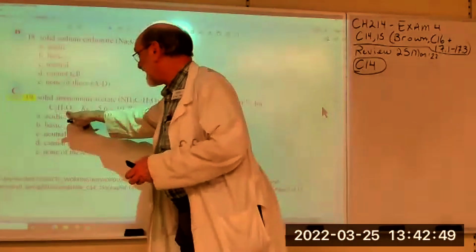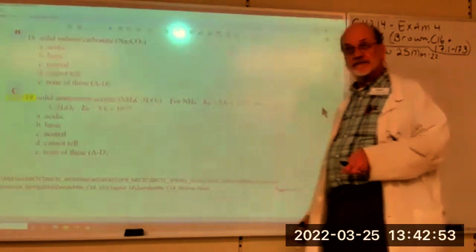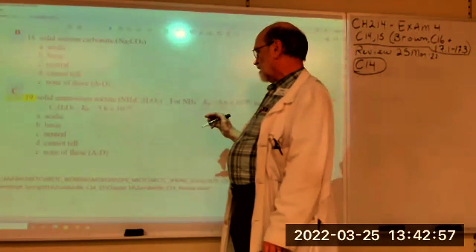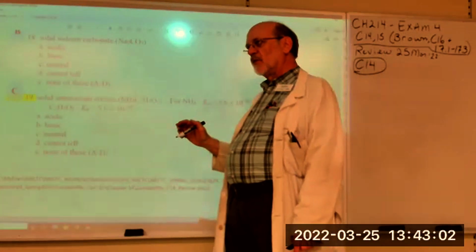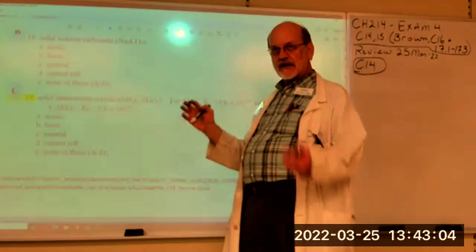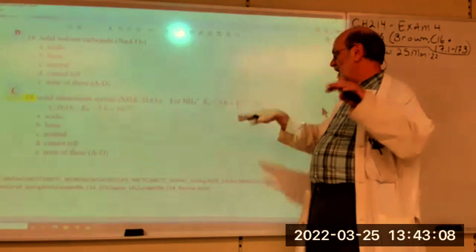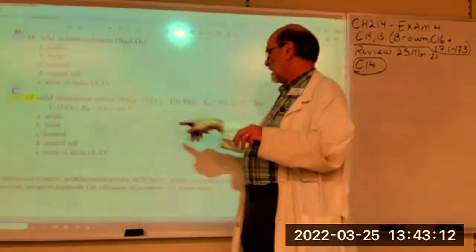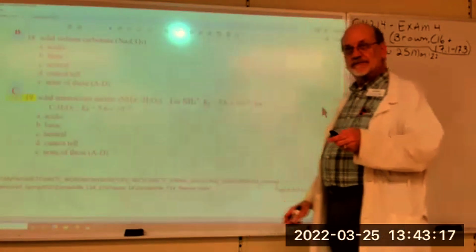For this base versus this acid, this would be a neutral solution. This is one of those cases where when you combine weak acid, weak base together, you have to know what their relationship is in terms of the reactions they're going to undergo. And if the Ka and the Kb are equal, you get a neutral solution.